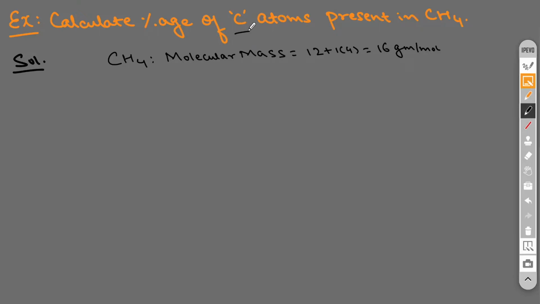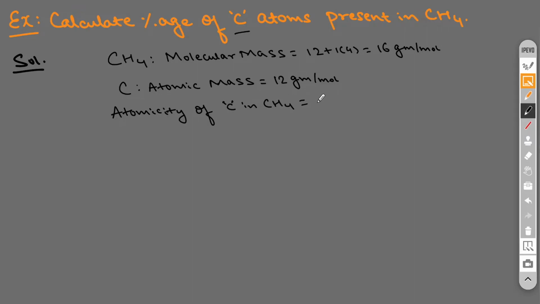Also we have to calculate for C atoms. So for C the atomic mass is 12 gram per mole, right? Also atomicity for C in CH4. Atomicity means number of atoms. So number of atoms of C in CH4 is only 1, right?